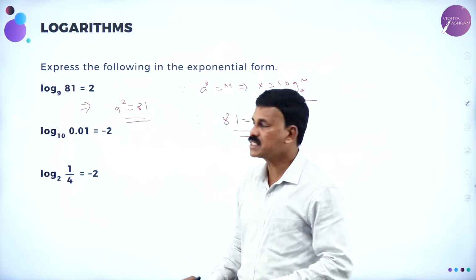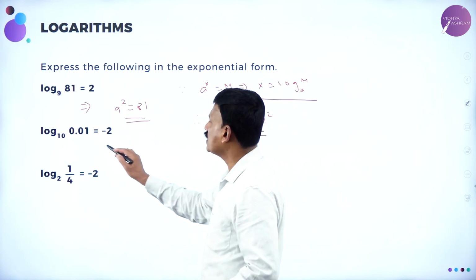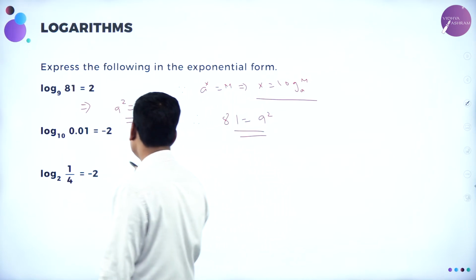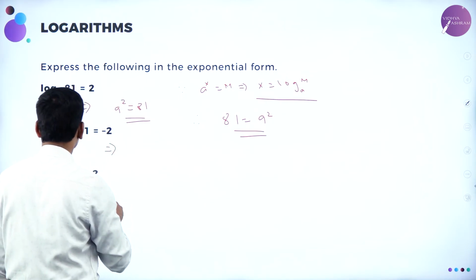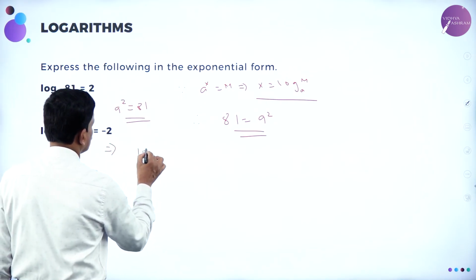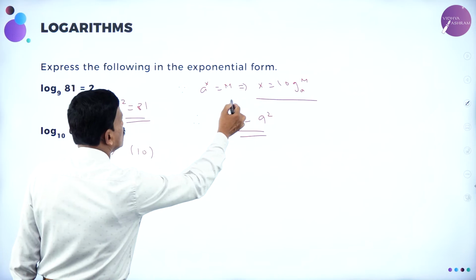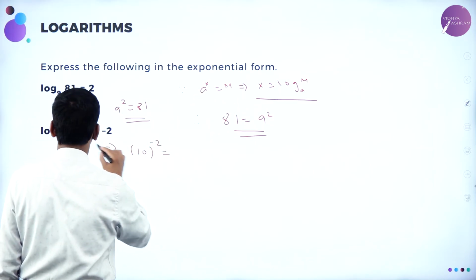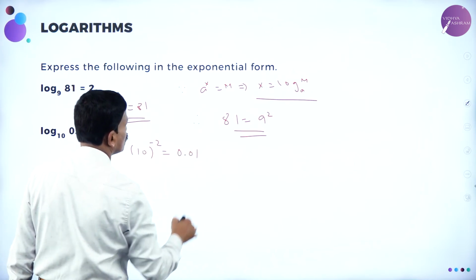Right. Now let us come to the second one. Logarithm of 0.01 to base 10 is equal to minus 2. Again this can be written as, what is the base here? The base will remain the same, 10 to the power of x. What is x here? Minus 2 is equal to 0.01.